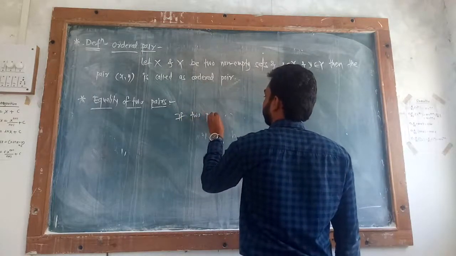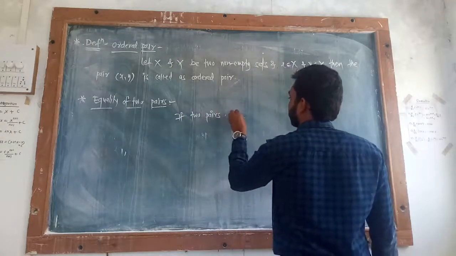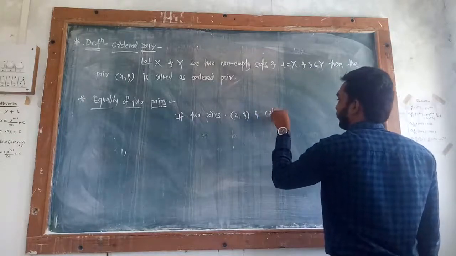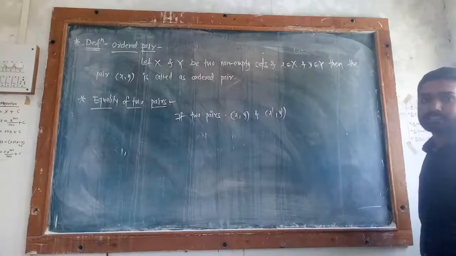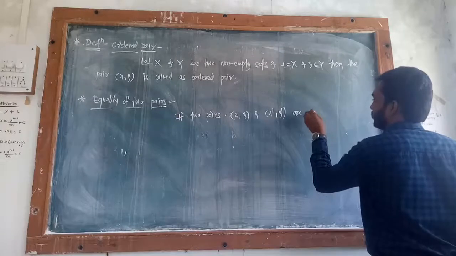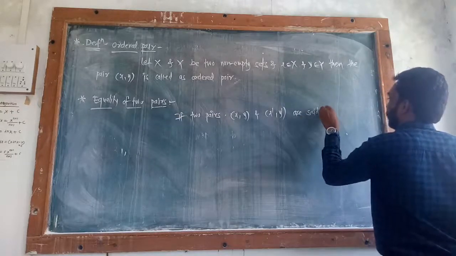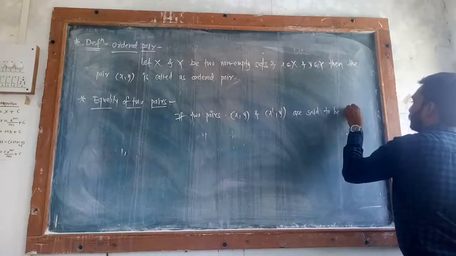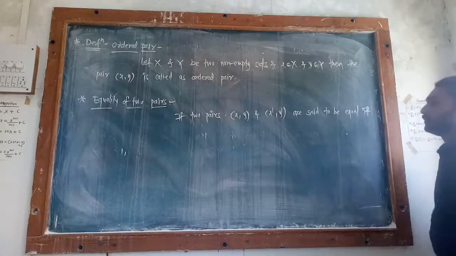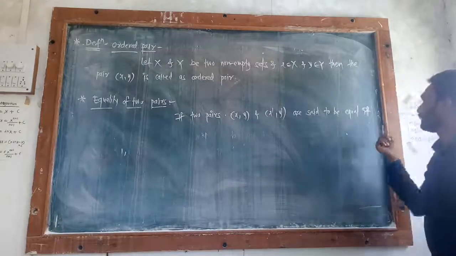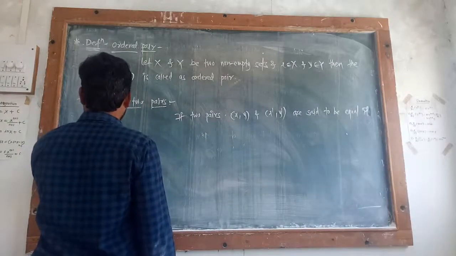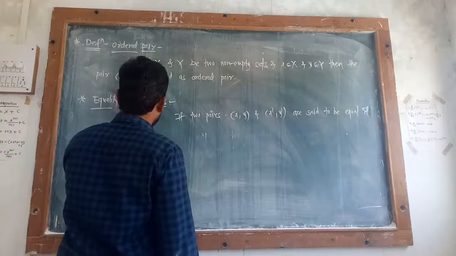Two pairs x comma y and x dash comma y dash are said to be equal if and only if x equal to x dash and y equal to y dash.